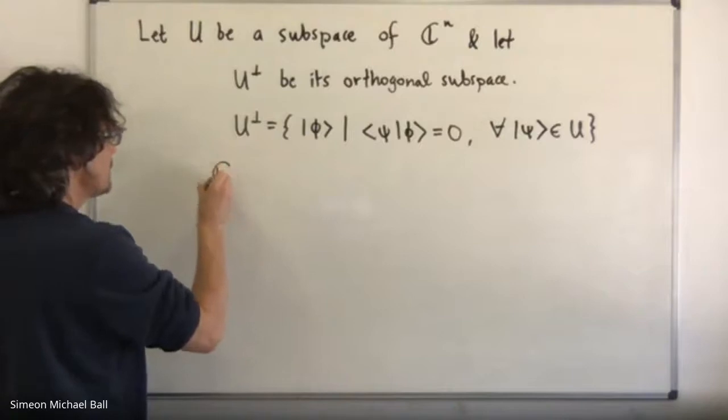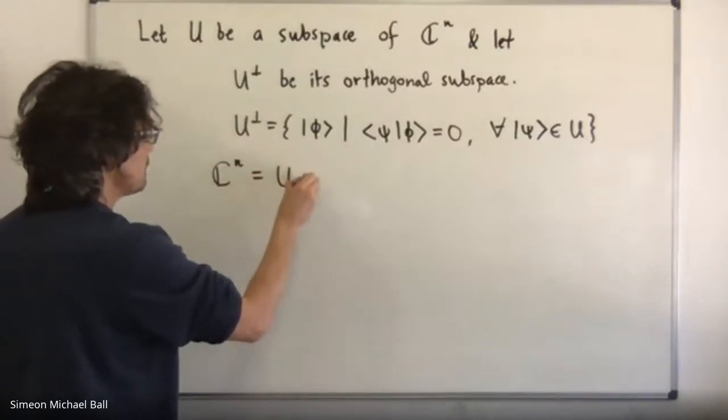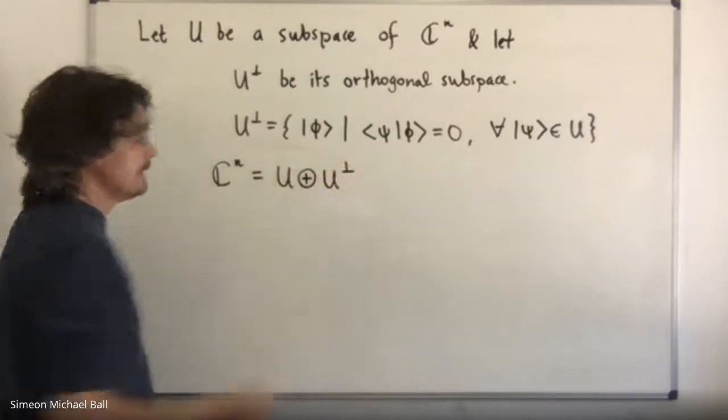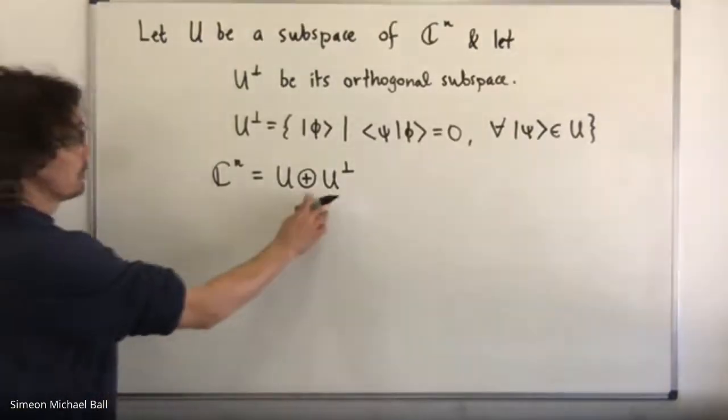The whole space can be decomposed into the direct sum of U and its orthogonal complement, the orthogonal subspace.